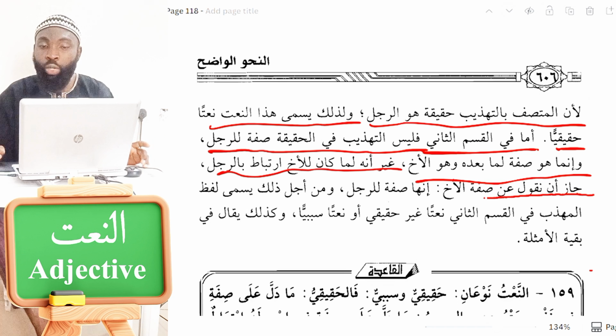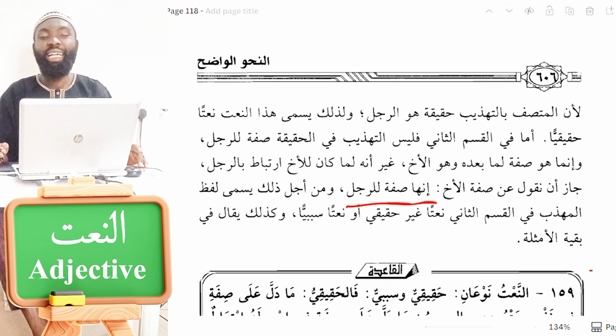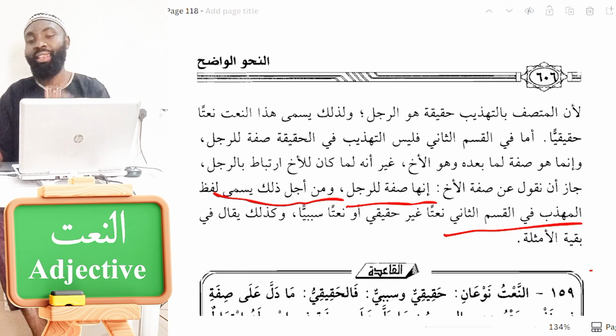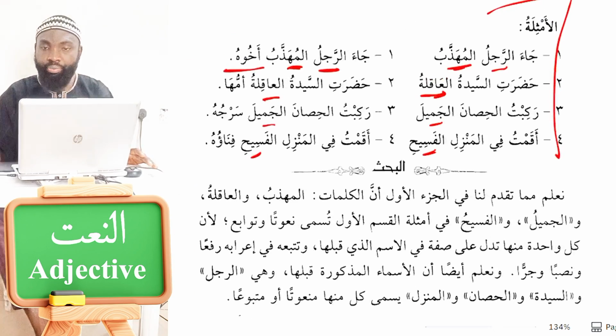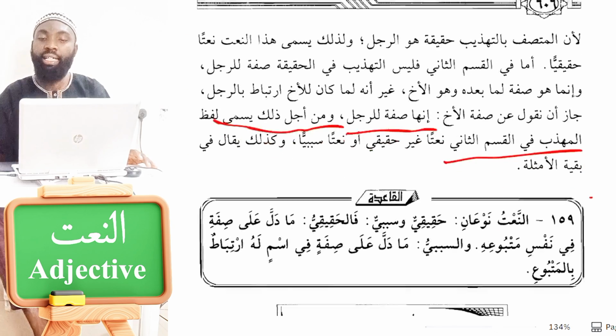It is allowed for us to say concerning the adjective of the akh, of the brother, that it is an adjective for the man. It is for this reason that the word al-muhadhabu in the second section is called what?